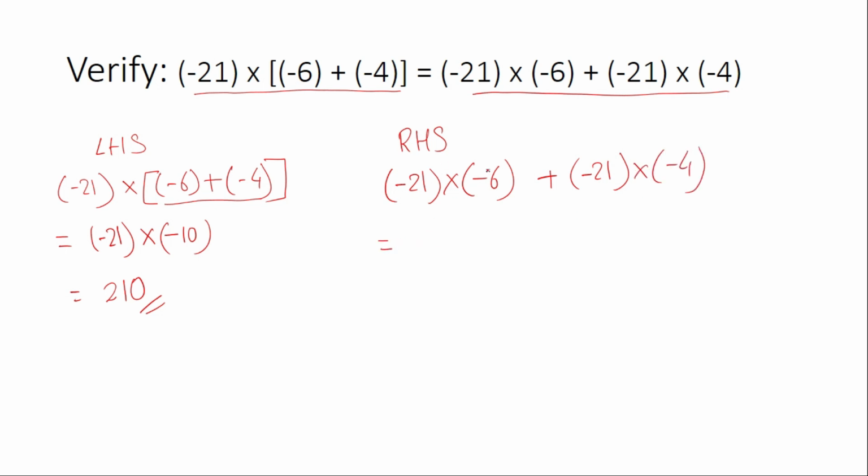So when you multiply, it will be minus into minus plus 126, plus here also minus into minus plus 84. When you add them, you will get 210. So as you can see, the value of left hand side is equal to RHS, right hand side. So it is verified.